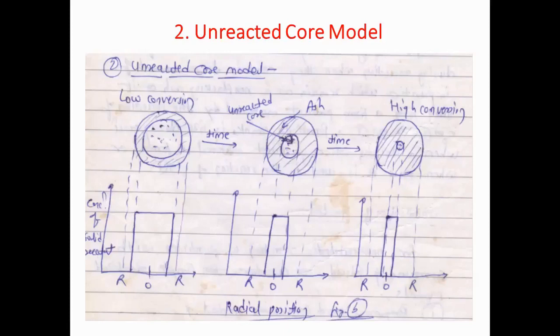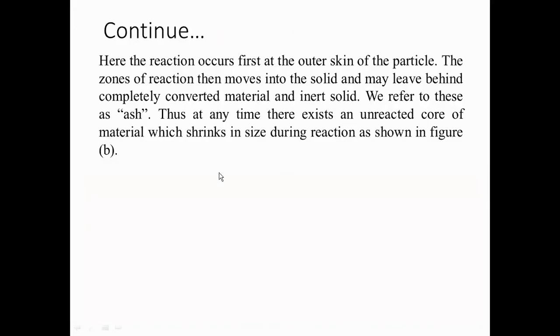So remember, unchanged size during the reaction and changed size during the reaction, meaning shrinkage of particle. These two types are there. First of all, we see the unreacted core model of unchanging size. In this unreacted core model, the reaction occurs first at the outer skin of the particle.